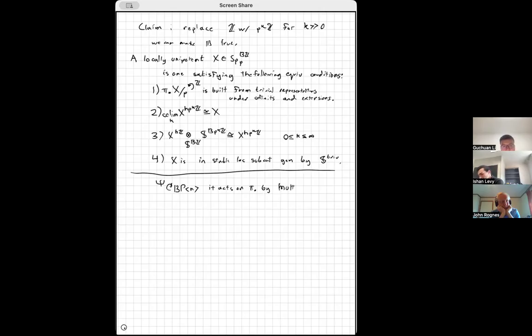So multiplication by a constant that is 1 mod p. And so what you learn from the first criterion, this first equivalent condition, is that BP<n> with its action of the integers is locally unipotent.